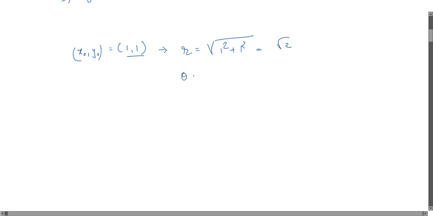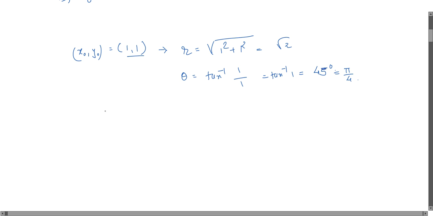But if you apply theta, then theta is tan inverse 1 by 1, because y0 by x0 is 1 by 1, that is tan inverse 1 is 45 degrees, or it is the same as pi by 4 in radians. You know the relation between radian and degree, okay?